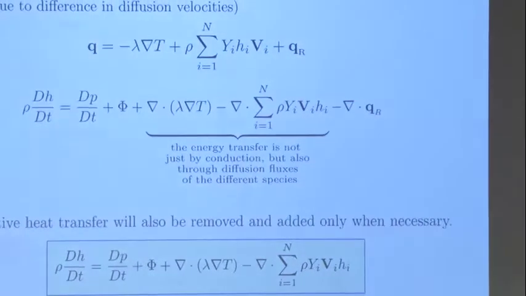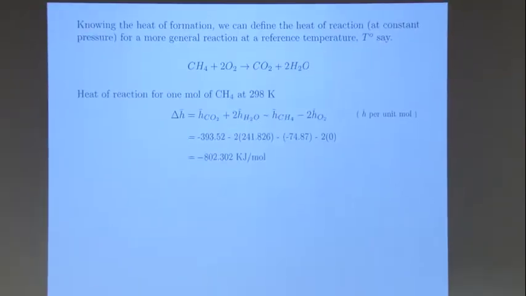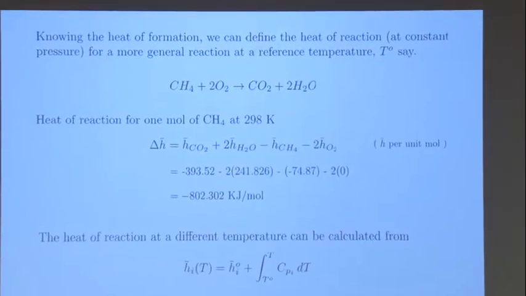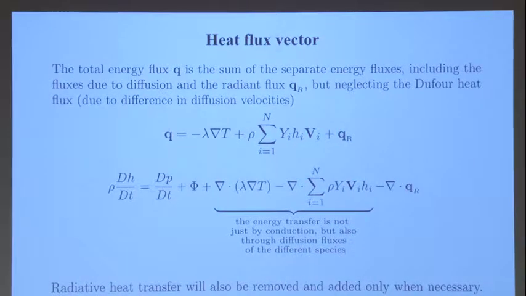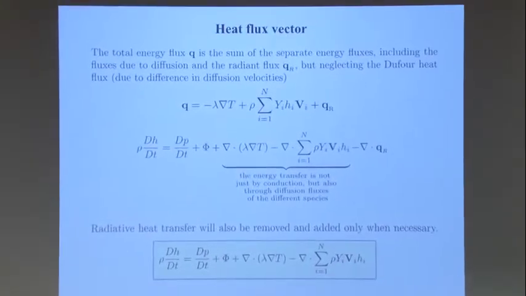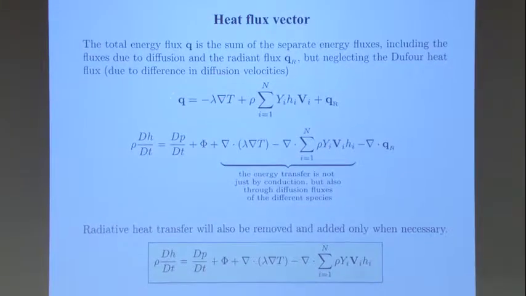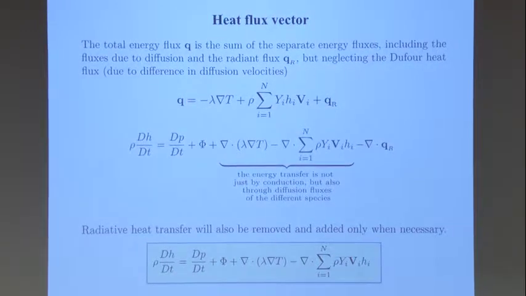Okay, the next thing that I want to focus on: we focused on the thermodynamic variables, so now the next thing is the transport, and the first thing is the heat flux vector. Now remember, for a pure substance, the only thing that contributed to the heat flux was Fourier's law of heat conduction.